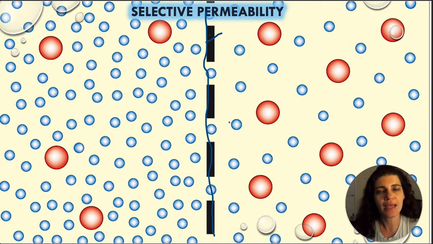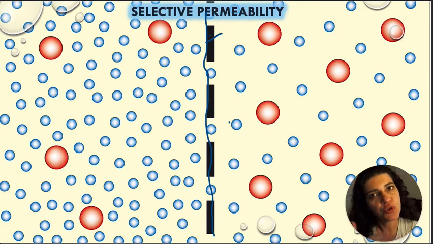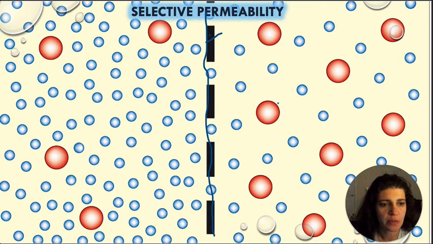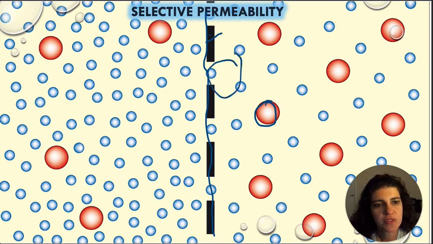So the plasma membrane of your cells has the ability to allow some substances to pass and not allow other substances to pass. One of the things that stops some particles from passing is size. So that's why I'm here with the big balls, with the big molecules. They're so big that if one was here, they would not be able to pass because of their size, right?